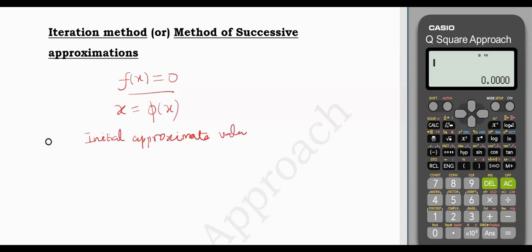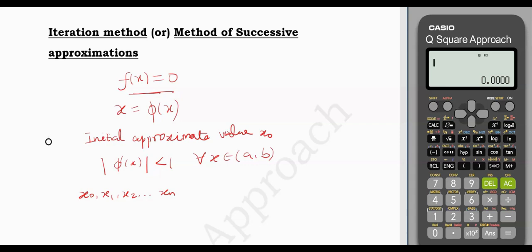If modulus of phi dash of x is less than 1 for all x belongs to (a, b), then the sequence of approximations x0, x1, x2, etc., xn will converge to the actual root of the equation f of x is equal to 0.